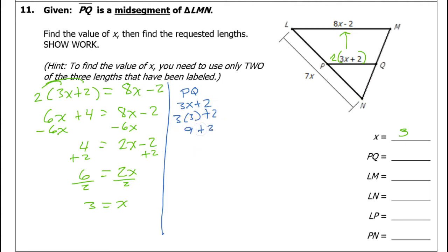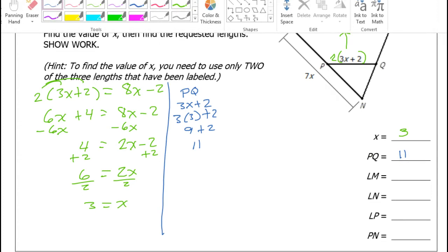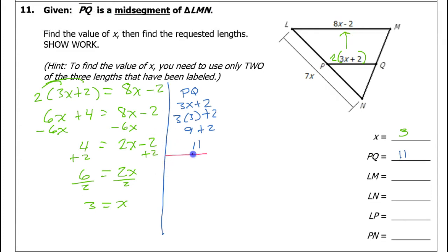So that's 9 plus 2, which is 11. So PQ is 11. Okay, LM. LM has got to be double PQ, so LM should be 22.